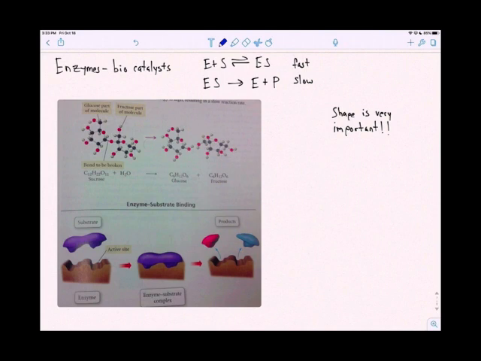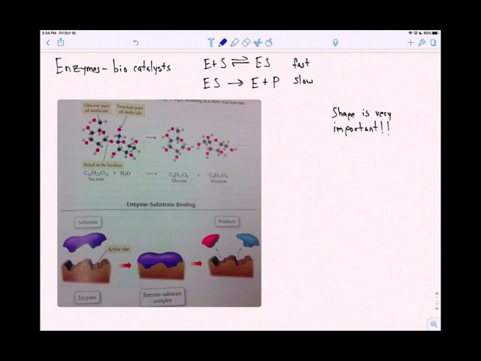And here's a simple one. This is to break apart sucrose. Sucrose is a disaccharide, and it breaks apart into fructose and glucose. But there are so many enzymes in your body, and biological creatures use many, many enzymes.